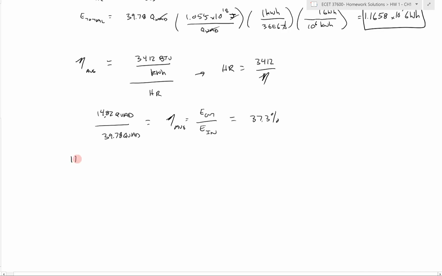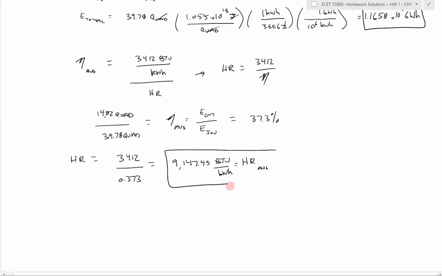If I want to state that efficiency as a heat rate, which again is very common in the power system, I take 3,412, divide that by 0.373. The efficiency is a decimal, and I'm going to get 9,147.45 BTU per kWh as the average heat rate of a power plant in the United States when averaged across all systems.